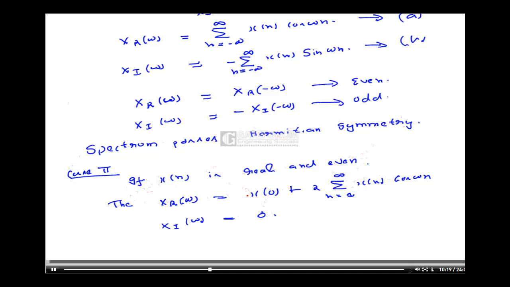Thus, the spectrum contains only the real part. Imaginary terms cancel in this. Okay. You can write only the real term.